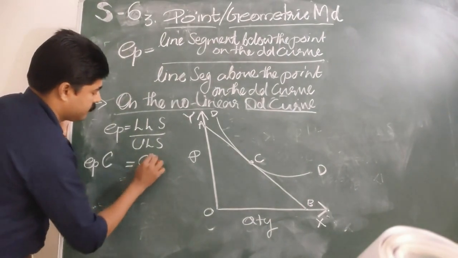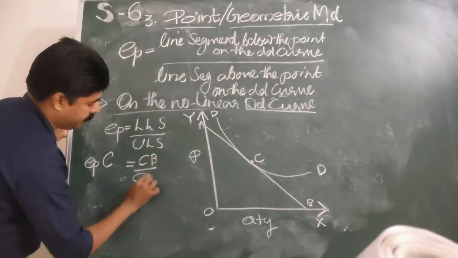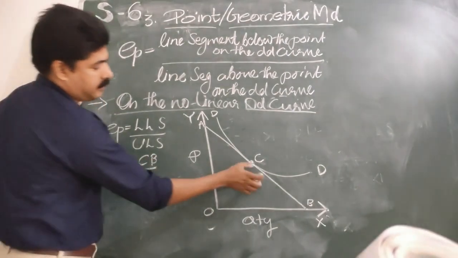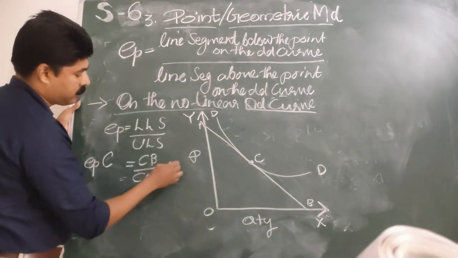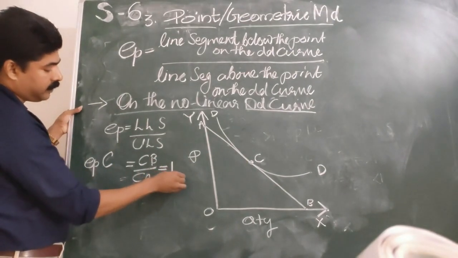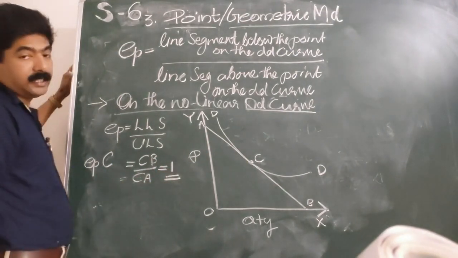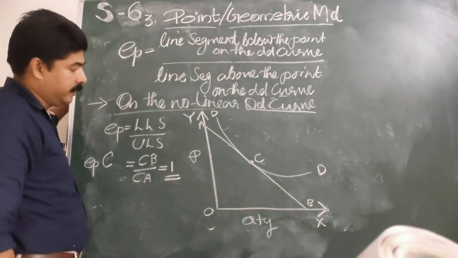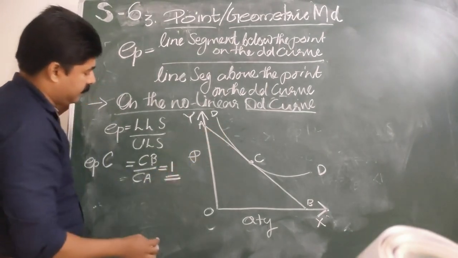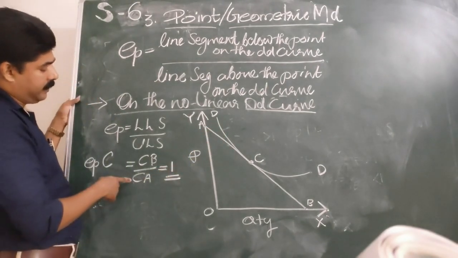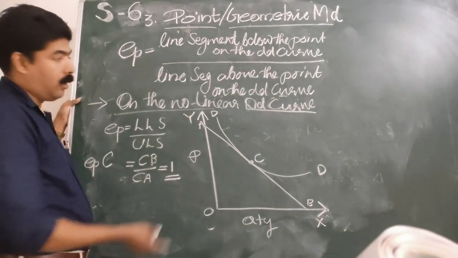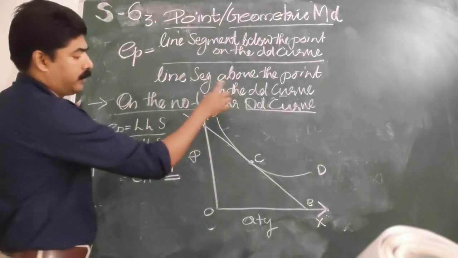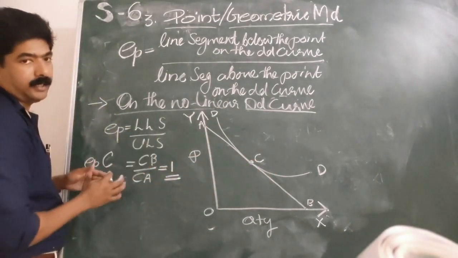So we will write CB upon CA. Which means CB is equal to CA. Therefore, the value is equal to 1. Unitary. Price elasticity is unitary in nature. Are you clear? In that way we can calculate price elasticity if a point is on a non-linear demand curve. So this is one case.